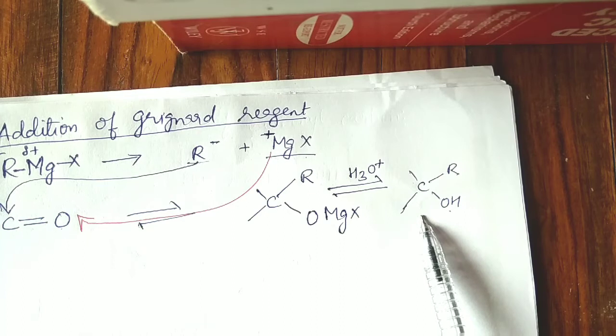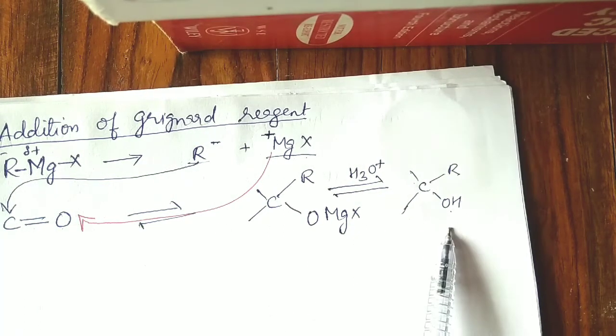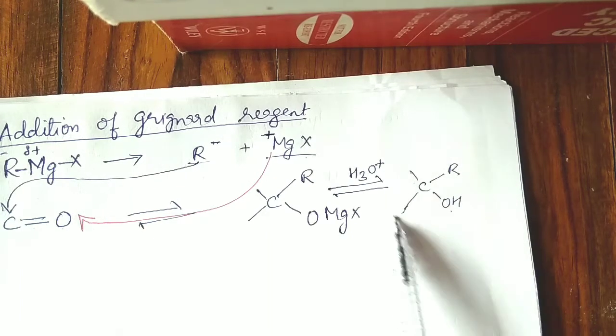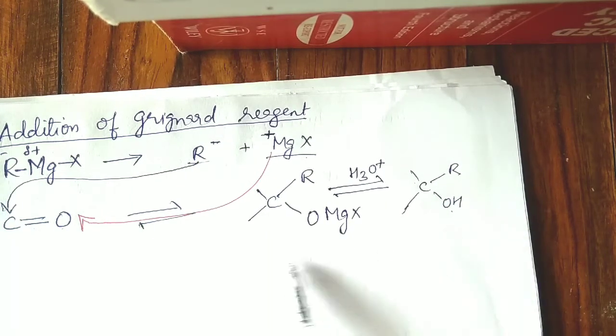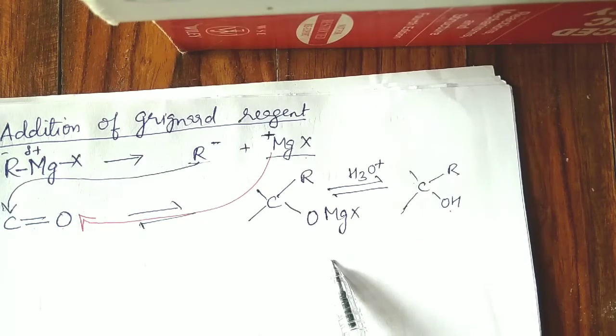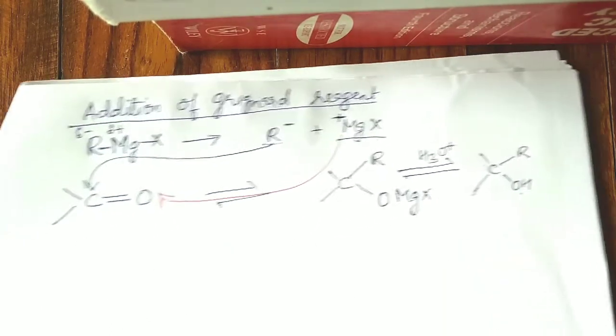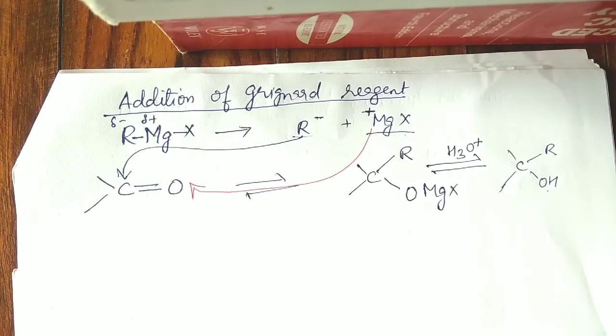The first member of the aldehyde family, which is methanal, will form a primary alcohol. All the other aldehydes give secondary alcohols, and all the ketones give tertiary alcohols when they are treated with Grignard reagent. So this is the addition of Grignard reagent to carbonyl carbon.